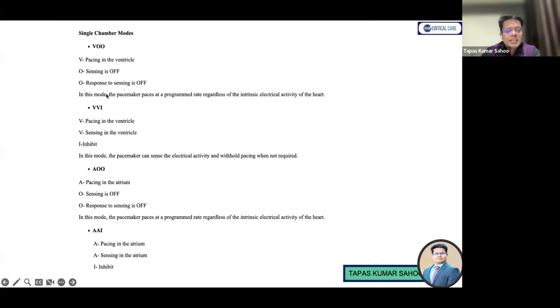That means in this mode, a pacemaker paces at a programmed rate regardless of the increasing activity of the heart. So this is VOO. VVI is pacing in the ventricle, sensing in the ventricle, and I is inhibit. That means the pacemaker can sense the electric activity and withhold pacing when not required.